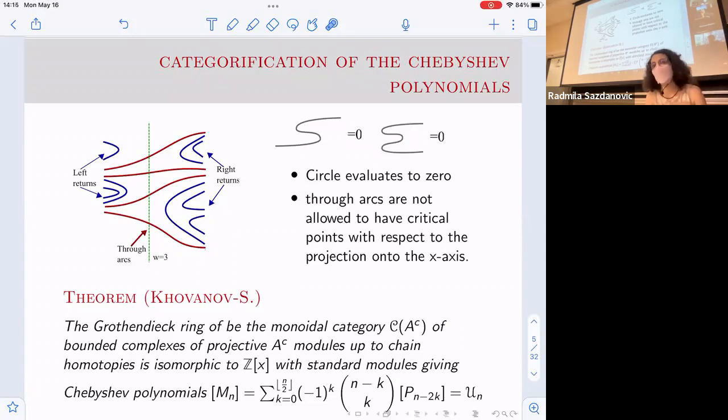So the nth projective module corresponds to x to the n, and the nth Chebyshev polynomial corresponds to the so-called nth standard module. Again, you don't have to know this. I just want to give you a flavor of these things. And again, this is the relation that comes out of the projective resolutions of standard modules.